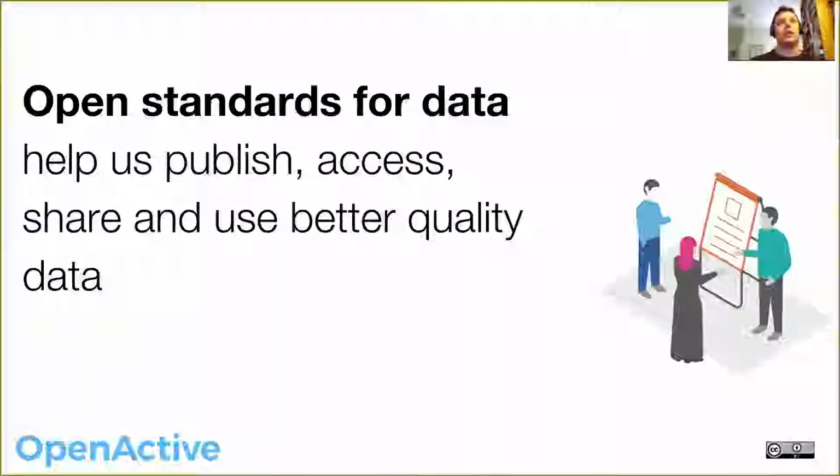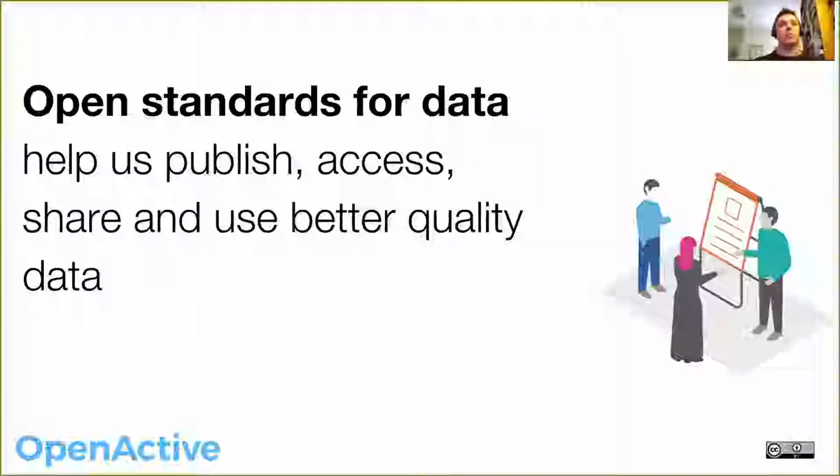So in OpenActive, we're creating open standards for data. So that means standards that help us to publish, access, share, and use better quality data. So we need open standards for data whenever we want to consistently collect data, or to share it between different organizations, or also to help us make sure that we are interpreting data in consistent ways.